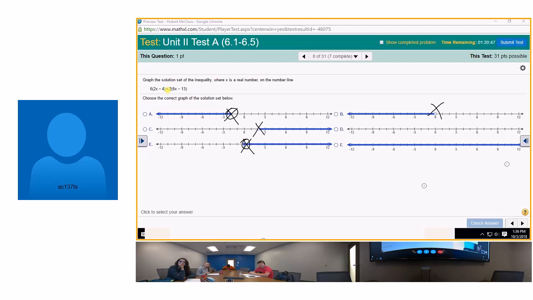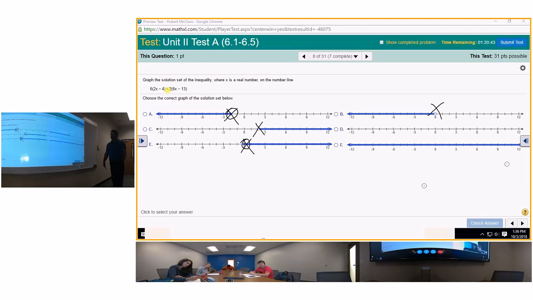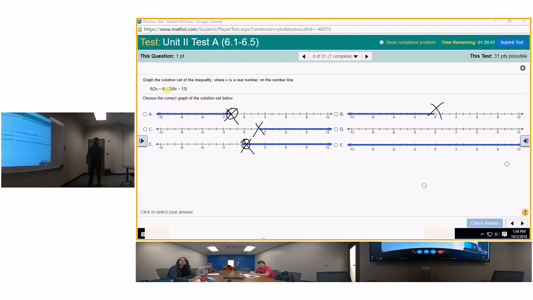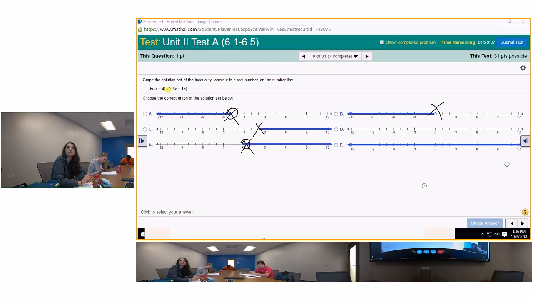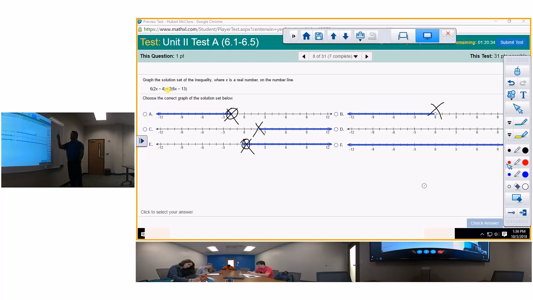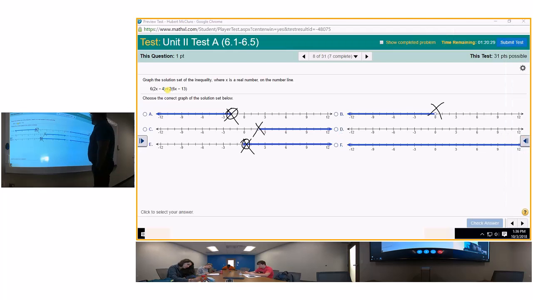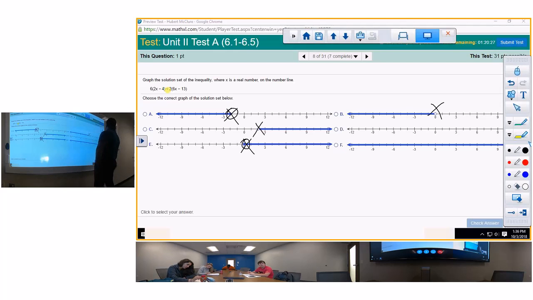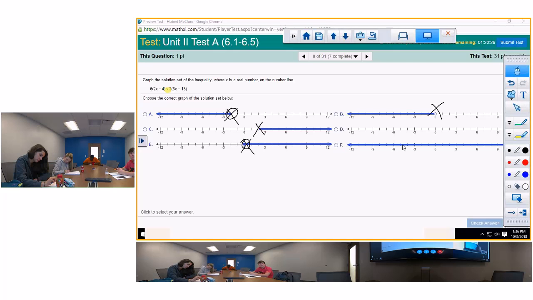It's either going to be all real numbers, which is a solid blue line, or it's going to be no solution, which is D. So which one is it? No solution. I think it's no solution. Somebody tell me what the answer came out to be. 4 is equal to 12 or something like that? I don't know, but it's not a solution.